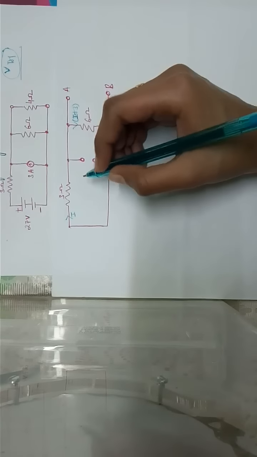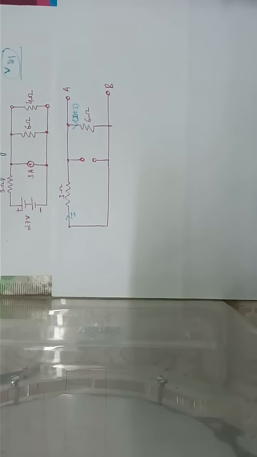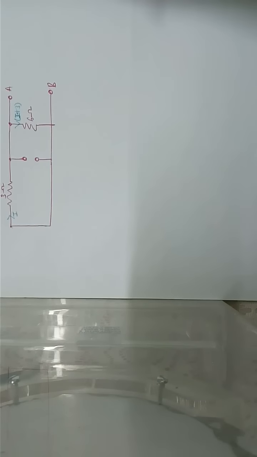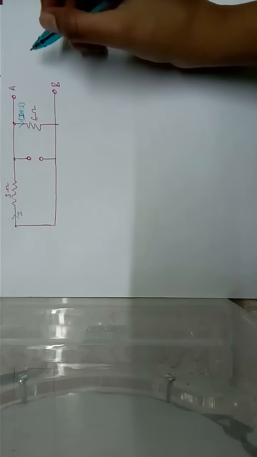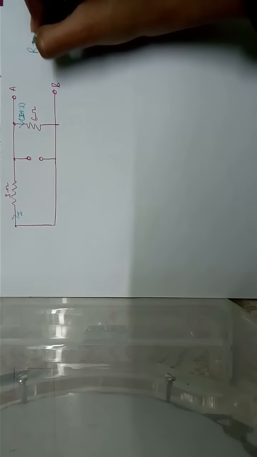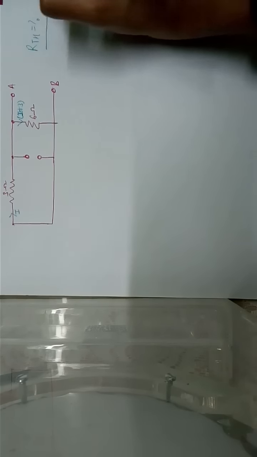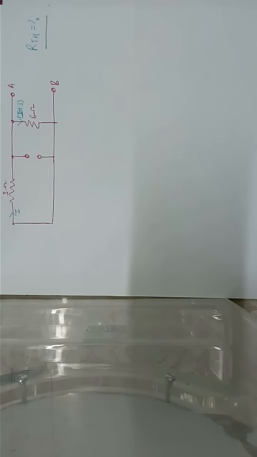In this circuit you can see that our basic aim is to calculate RTH. We would start off with calculating the net resistance, which is basically the motive behind finding RTH.